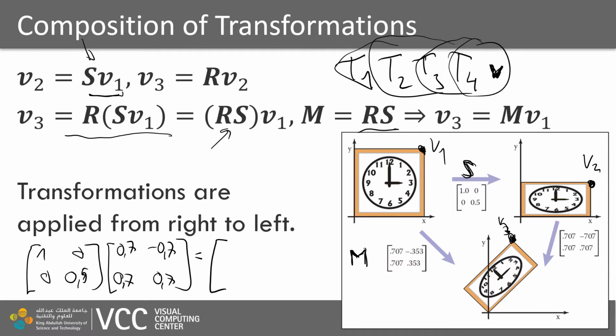So 1 times 0.7 is 0.7, because this second term is 0. And then 1 times minus 0.7 is minus 0.7. And here we have a similar situation. 0.7 times half is 0.35. And 0.7 times 0.5 is again 0.35.